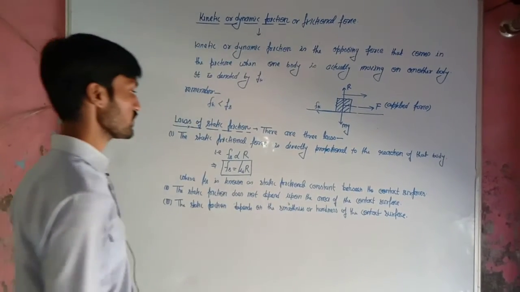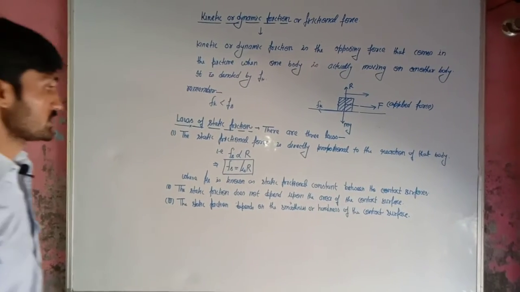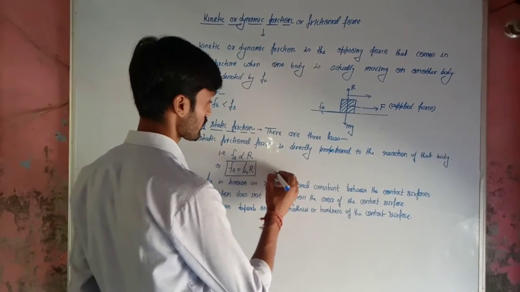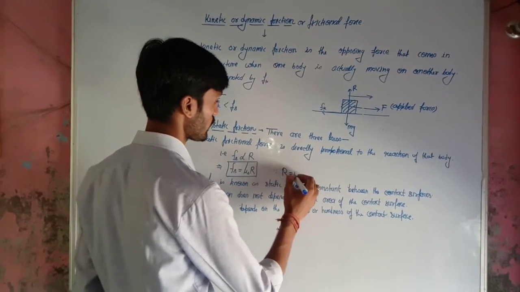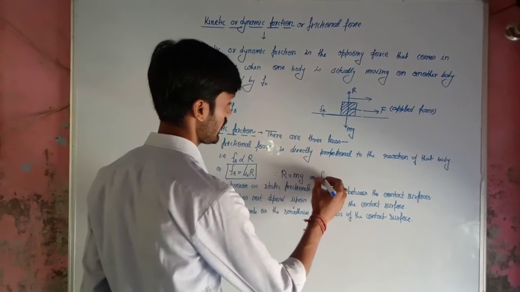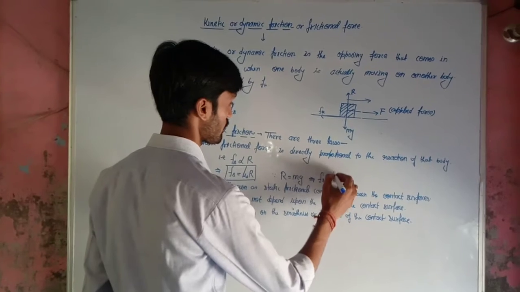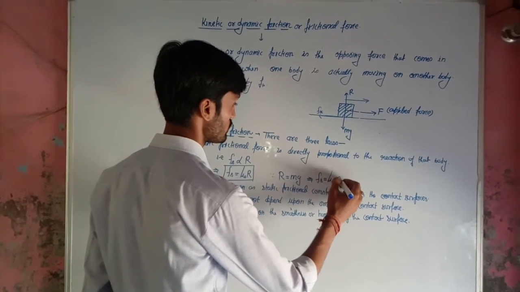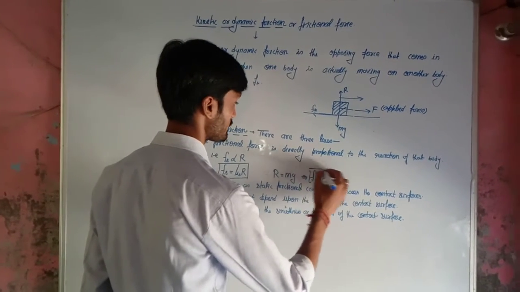Okay, since here R is also equal to mg, so we can write here implies that Fs equals mu s into mg.